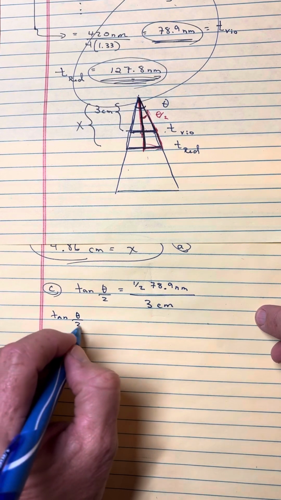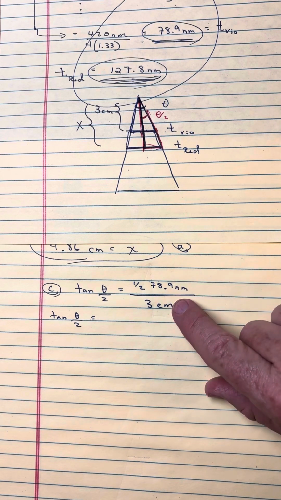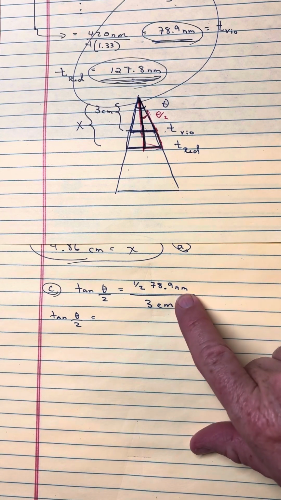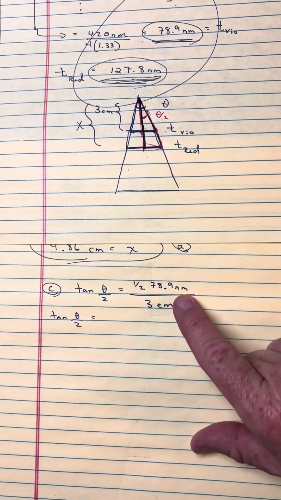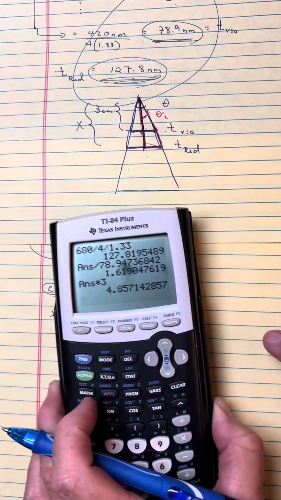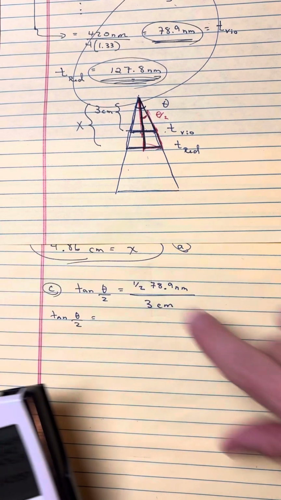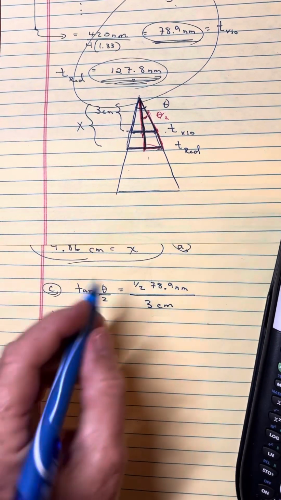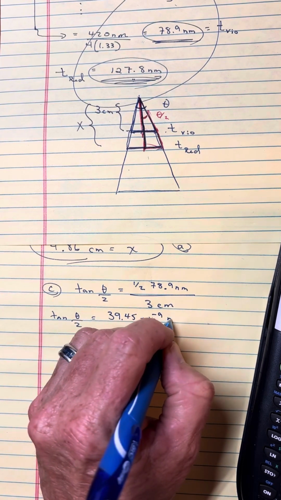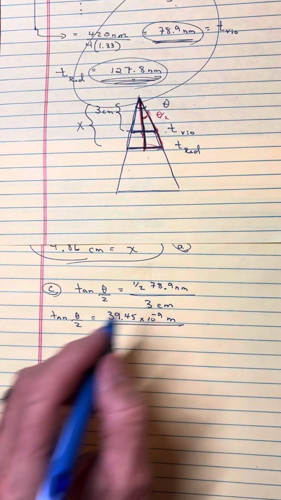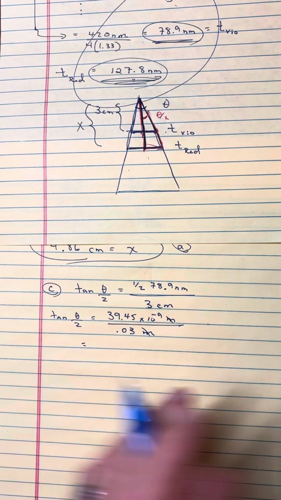Now, here I'll definitely need to watch my units and make sure they cancel off, because I need a ratio with no units, so I need these to be either nanometer over nanometer, or centimeter over centimeter, or meter over meter, and I think that's what I'll do. I'll take the 1/2 times the 87.9 and get 39.45 nanometers. And in the bottom, I'll do 0.03 meters, so my meters cancel off.